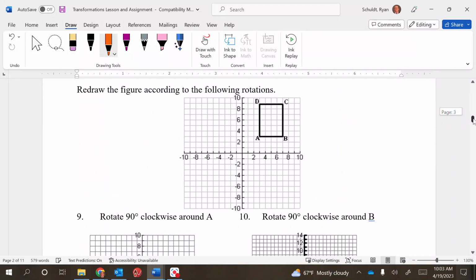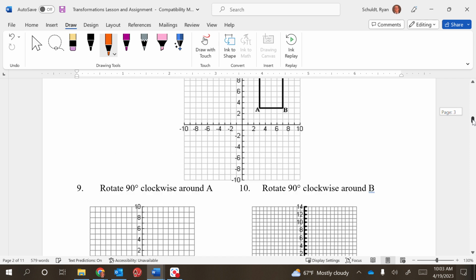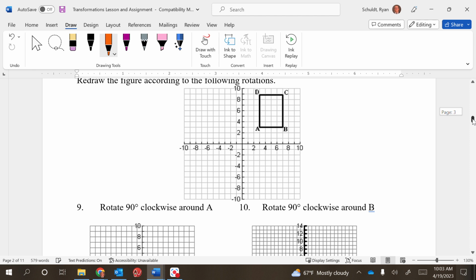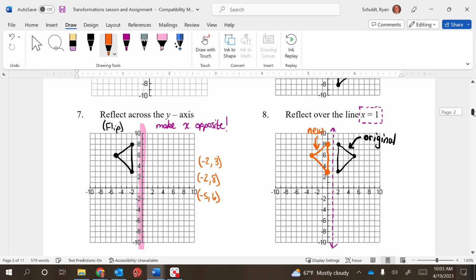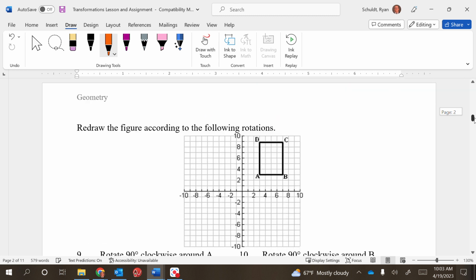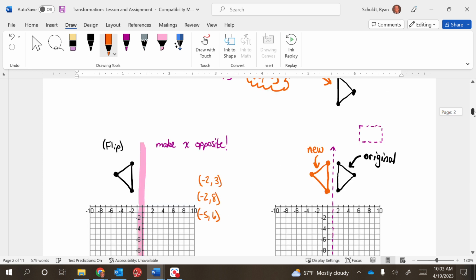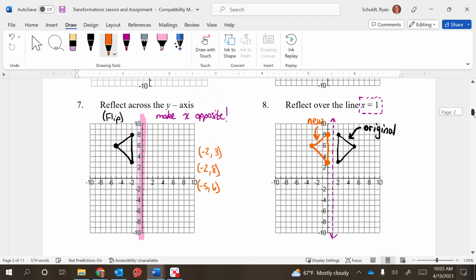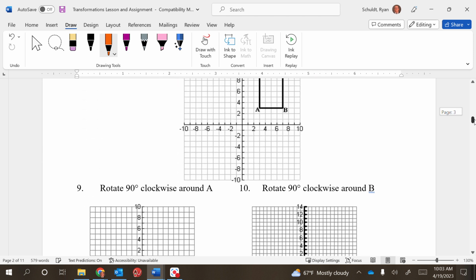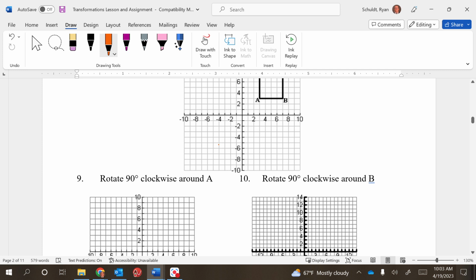Okay. Redraw the figure according to the following rotations. What I'm going to do is go on and do this a slightly different way. Here we did it points based. Now I'm going to draw the original figure in black, and then we'll draw the new one in orange. So A is at 3, 3. So I'm going to put A at 3, 3 in black.